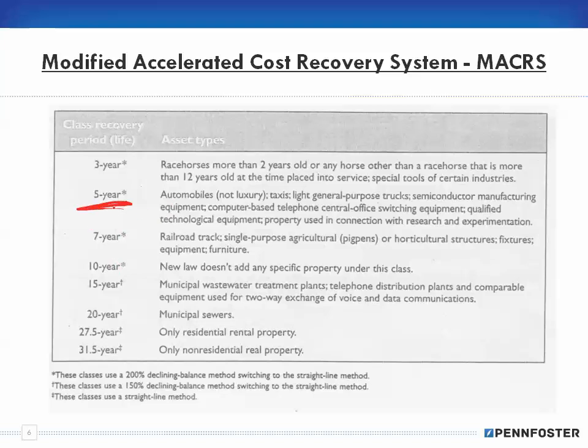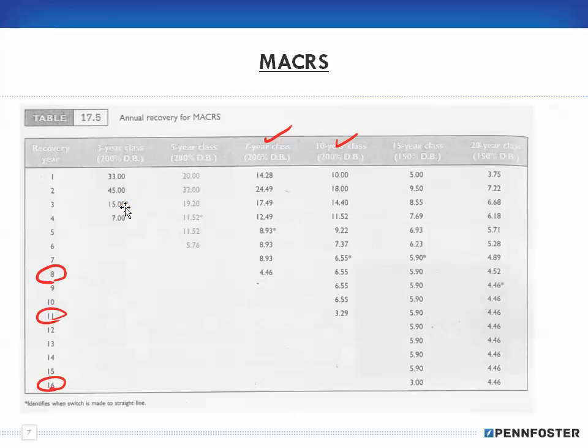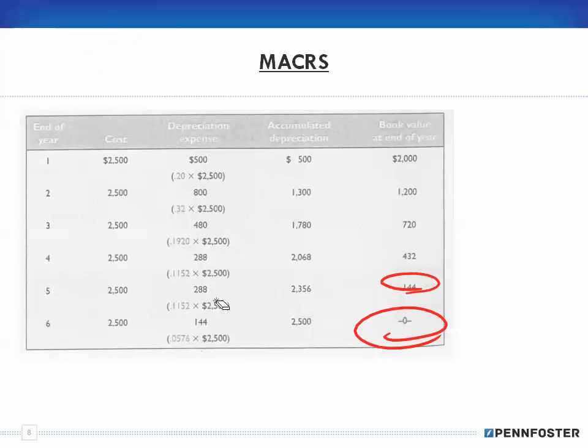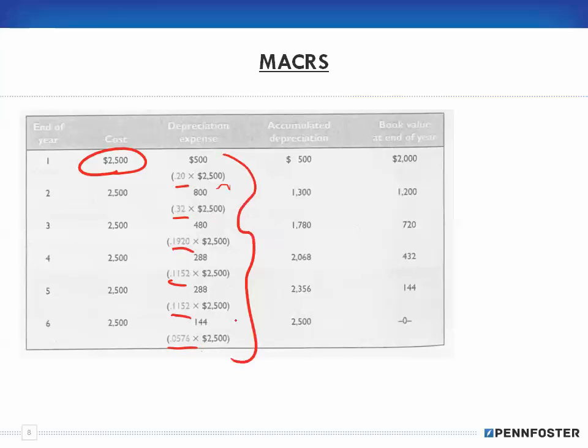So I determined my number of years. Then I come over to this next table, the annual recovery table, in order to determine my percentages. And then all I'm doing is taking those percentages and multiplying the cost times whatever percentage it is in order to determine the depreciation expense for that particular year.